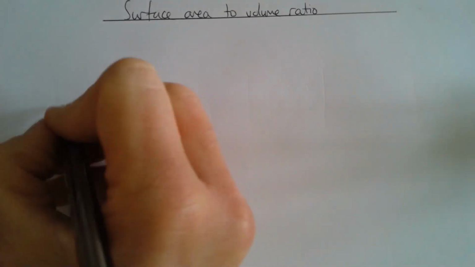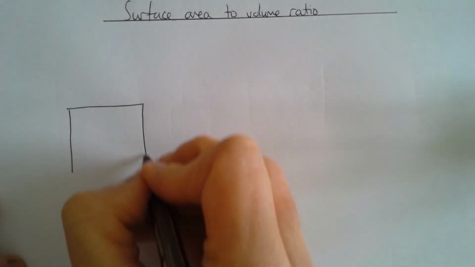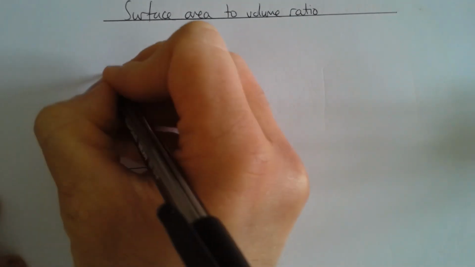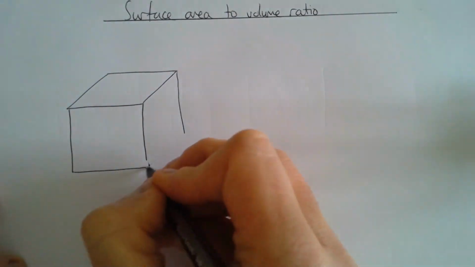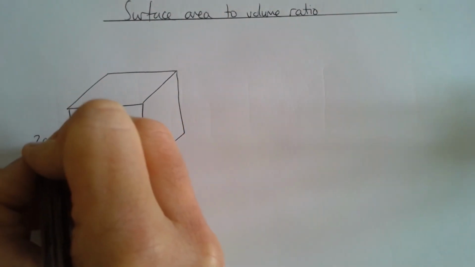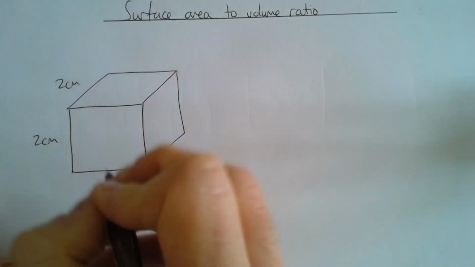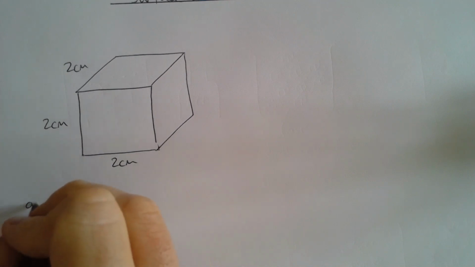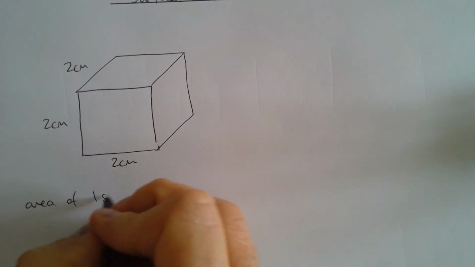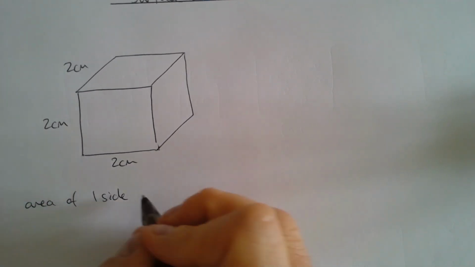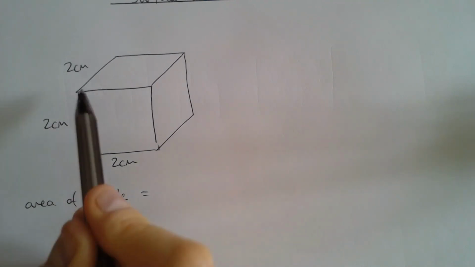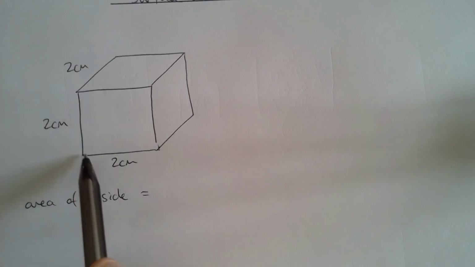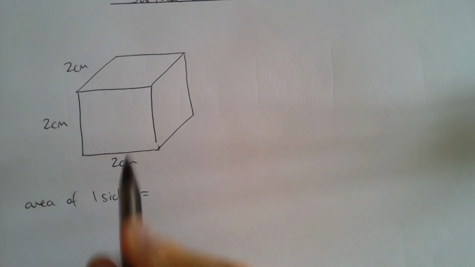So let's have a look at our large marble chip again. Here's our large marble chip, and I'm going to say that the sides of our cube are 2 centimeters each. So we're going to work out the area of one side first of all, and that's going to be the height multiplied by the width of the side.